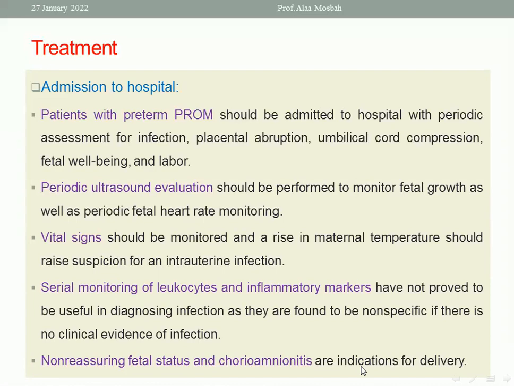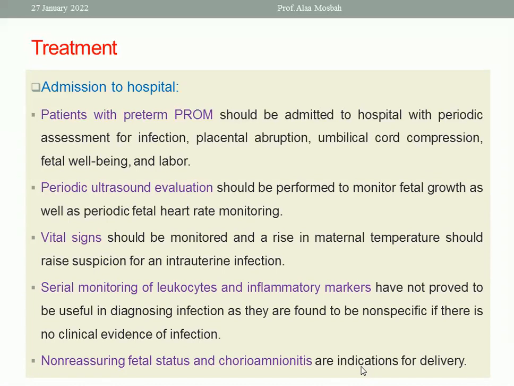What about the admission to the hospital? Really, patient with preterm PROM should be admitted to the hospital with periodic assessment for what? For infection. It's very important. For risk of chorioamnionitis. For the diagnosis of placental abruption, if it is present.